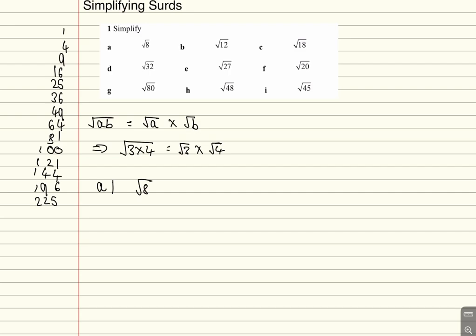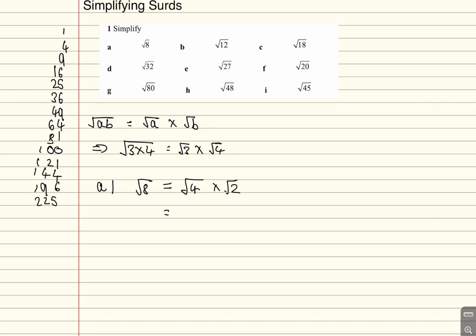It does. So we have a factor of root 4. What do we times root 4 by to get root 8? Well, root 2, because root 4 times root 2 equals root 8.